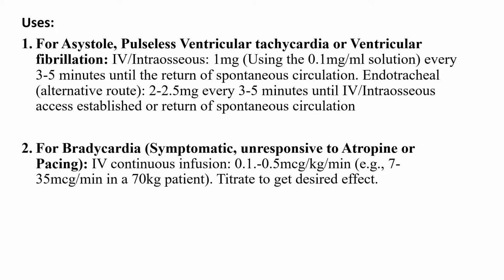Second use is in case of bradycardia, if the heart rate of the patient does not improve with atropine. Here we give through IV infusion at 0.1 microgram to 0.5 micrograms per kg per minute. For example, in case of a 70 kg patient, the dose will be 7 to 35 micrograms per minute.